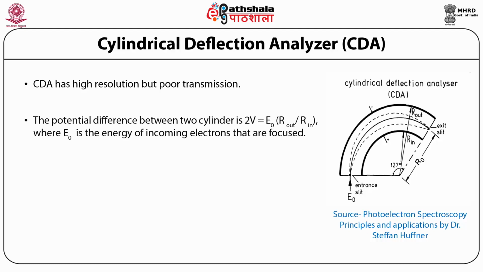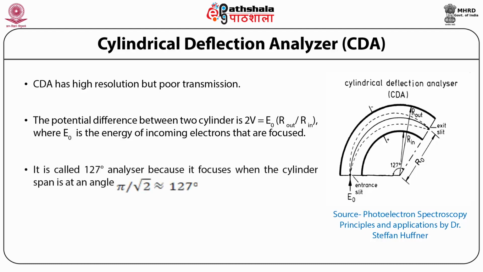The potential difference in a CDA is actually 2V, which is given as E naught into the ratio of R in upon R out, where E naught is the energy of incoming photoelectrons in electron volt that are focused. These analyzers have high resolution, however, the transmission is low. It is called 127 degree analyzer because it focuses when a cylinder span is at an angle of 127 degree.